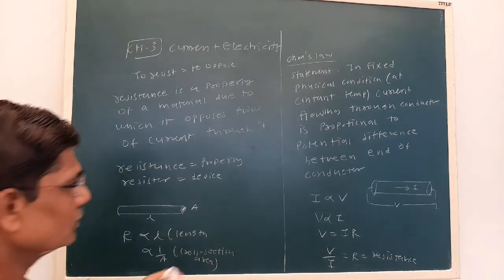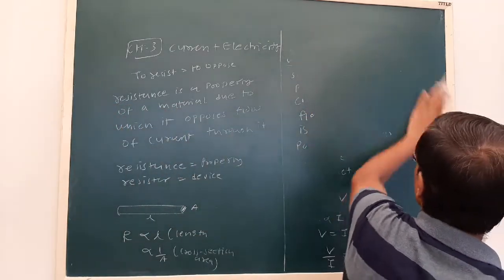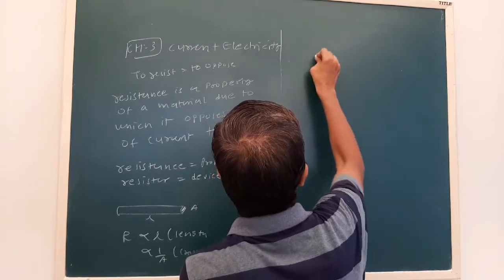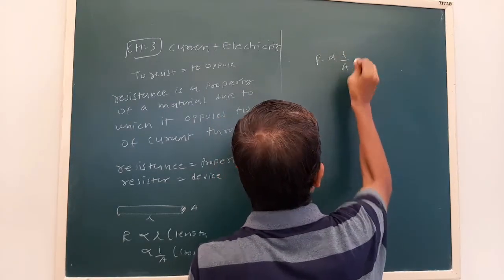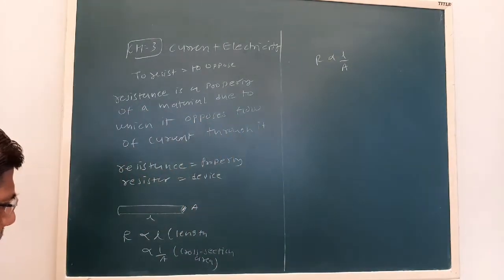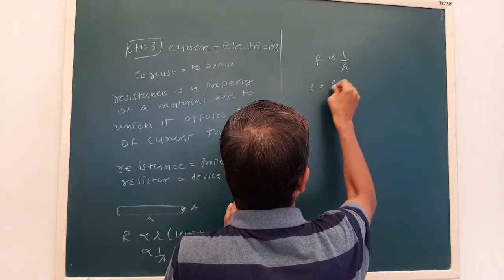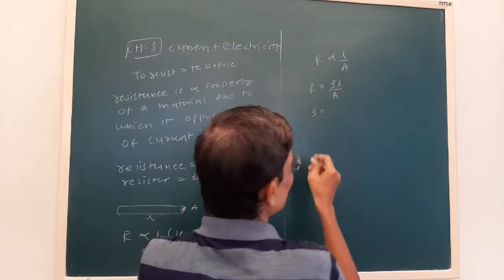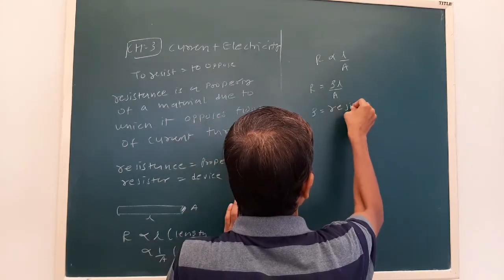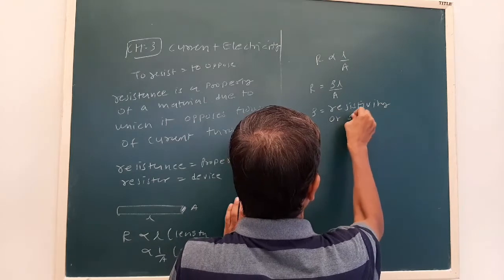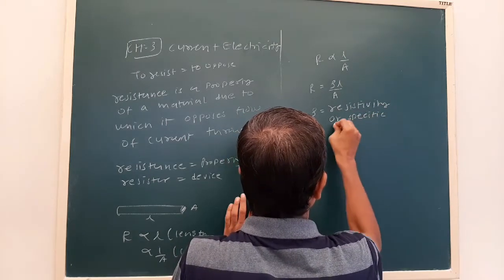So if I write in a compound variation, R varies as L upon A. R is proportional to L, R is inversely proportional to A. So if I put some constant here, R is rho L by A. The word rho is called the resistivity, or specific resistance.